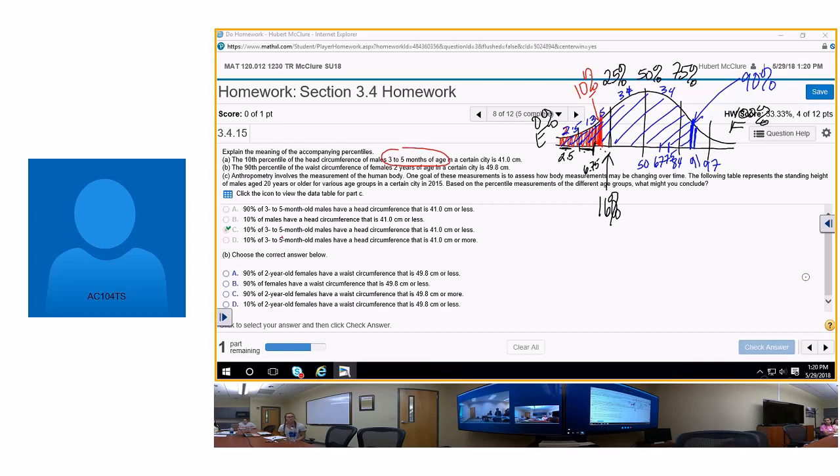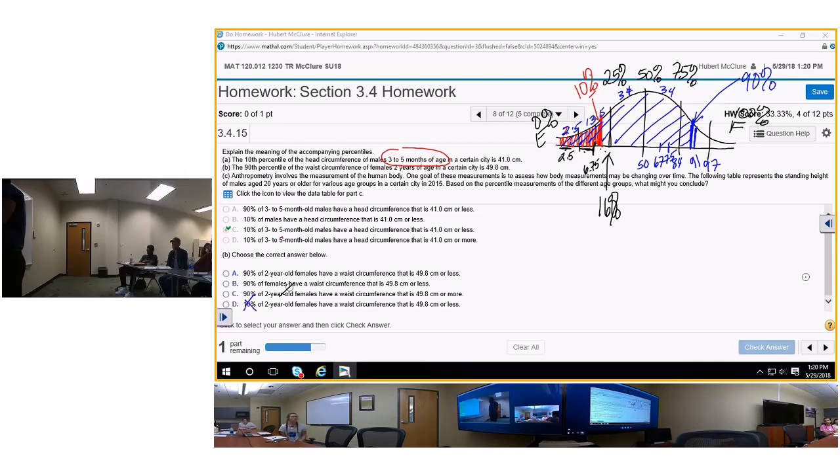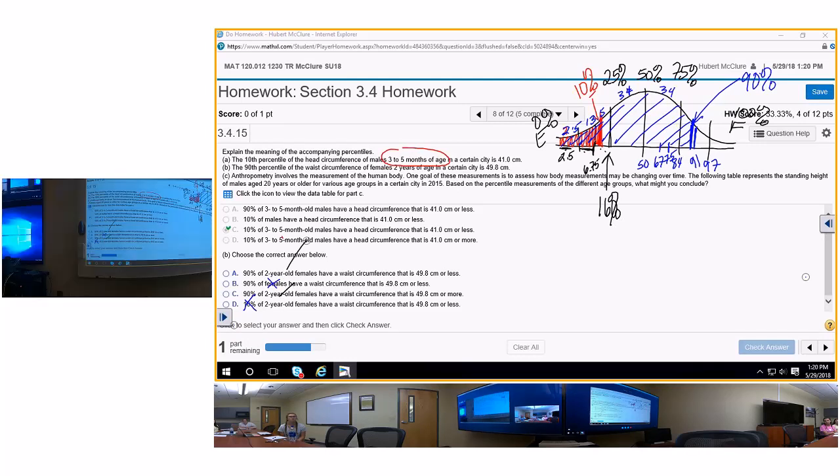So it's not that one. 90% of 2-year-old females have a waist circumference that is 49.8 or less. 90% of females and 90% of 2-year-old males have a waist circumference that is 49 or more. So you can cancel this one out because that's a generalization. And that leaves A or C.